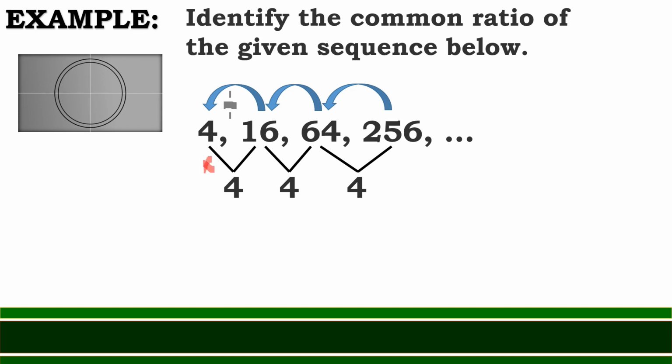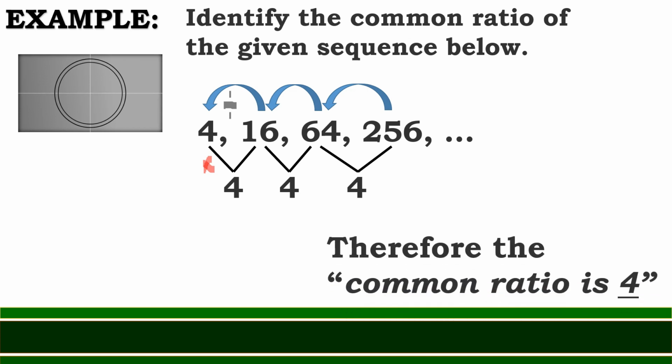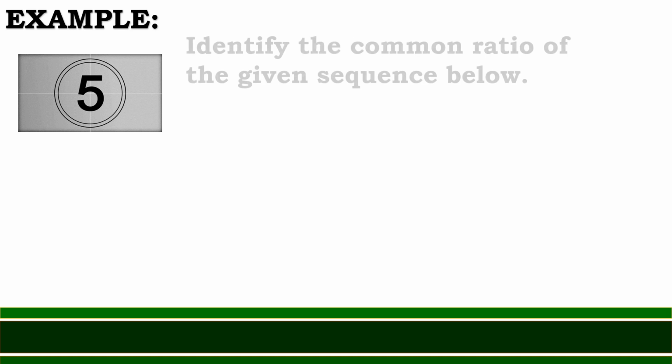So, check natin. 4 times 4 equals 16. 16 times 4 is 64. 64 times 4 is 256. So, ibig sabihin, yung common ratio na meron tayo is positive 4. Okay. Another one.